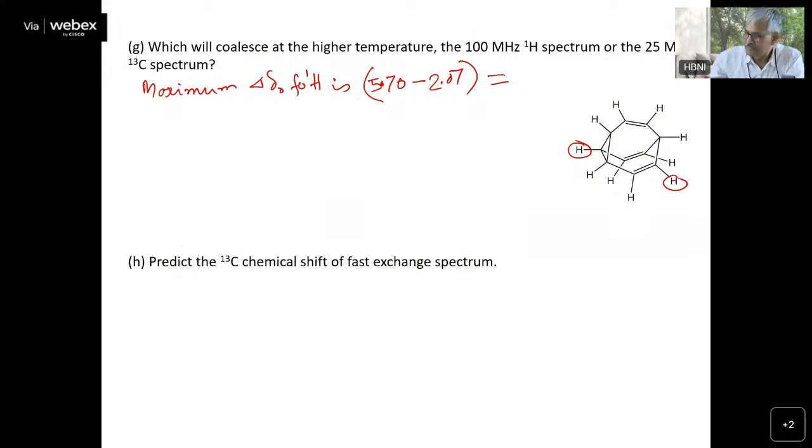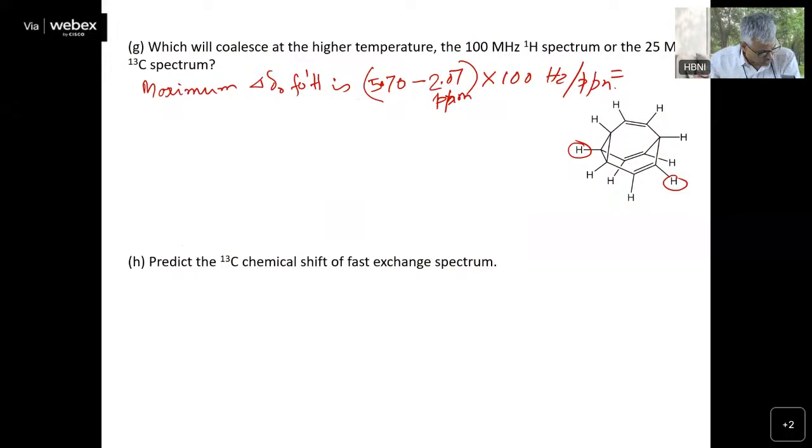So this is in ppm. Now, as we know, all these things you have to do in hertz because we will be getting the rate constant. So this ppm into 100 hertz per ppm, you will get it ultimately in hertz.